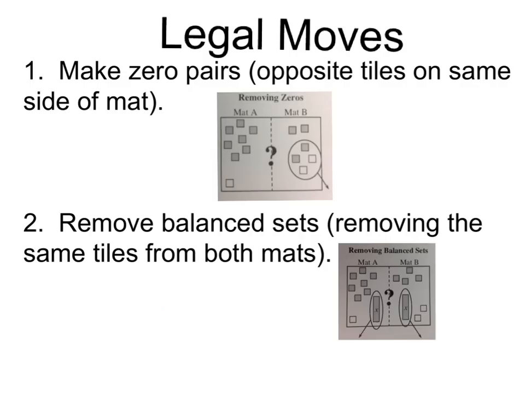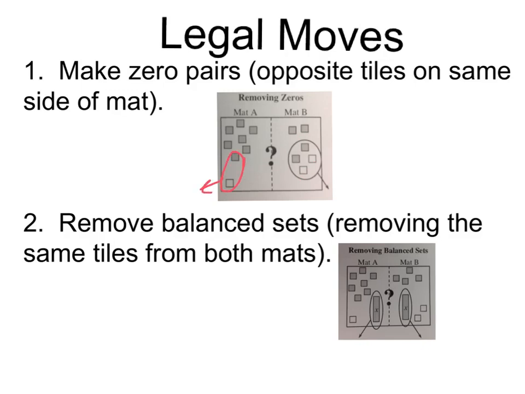That brings us to our two legal moves that we know so far. The first one is to make zero pairs, and that's when you take the opposite tiles off of the same side of the mat. And you can see in the example here, we're removing a +2 and a -2 from the same side of the mat. You could also remove a zero pair over here from this mat.